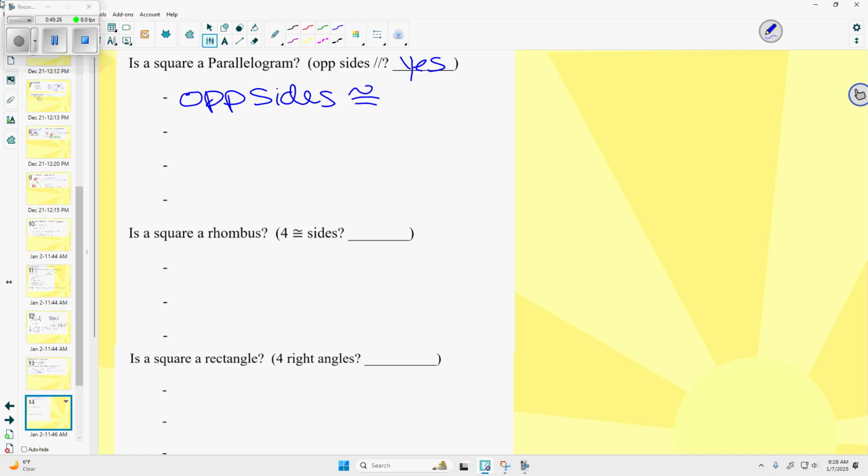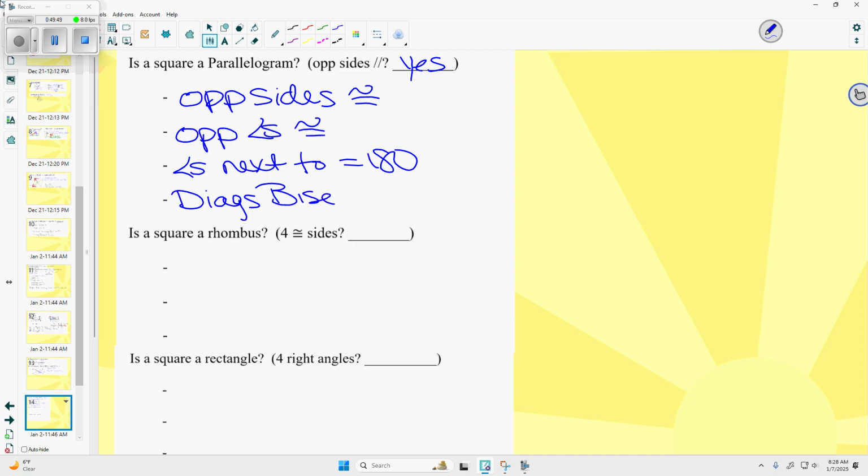What do we know about opposite angles? Congruent. If it makes you feel better, this is the last time you're writing out these lists for today. What do we know about angles that are next to each other? And what do we know about diagonals? Bisect. And again, I'm going to put EO for each other.